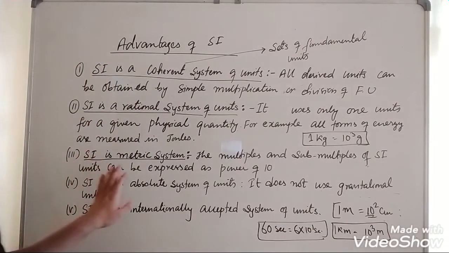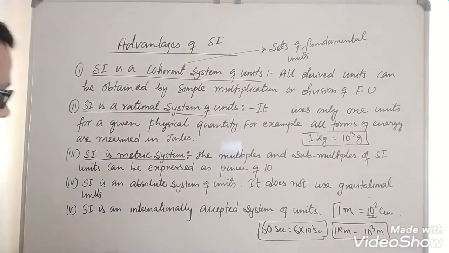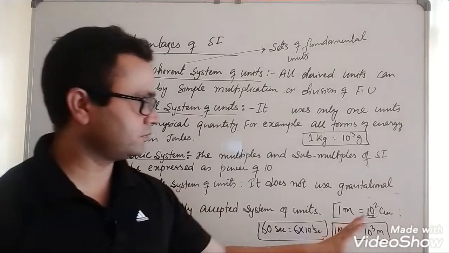So in the metric system, the multiples and submultiples of SI units can be expressed as a power of 10.